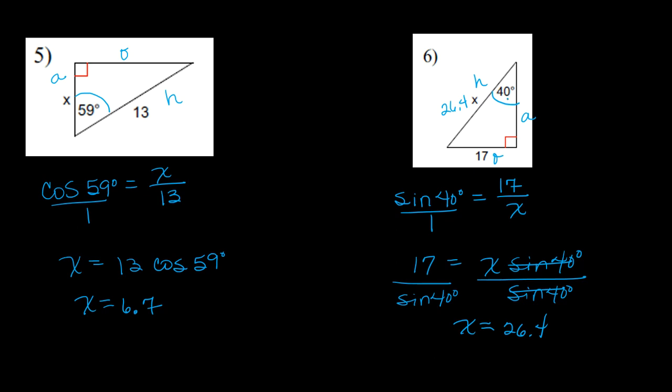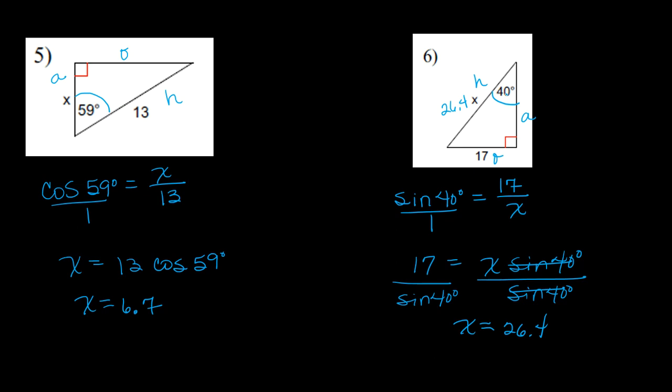We could use a trig function. We could use Pythagorean theorem. So now if I wanted to find the adjacent, I could use tangent, which is opposite over adjacent. And if there's not one like that on this handout, I will show that. So when we know two side lengths, we have several options. We could use tangent.